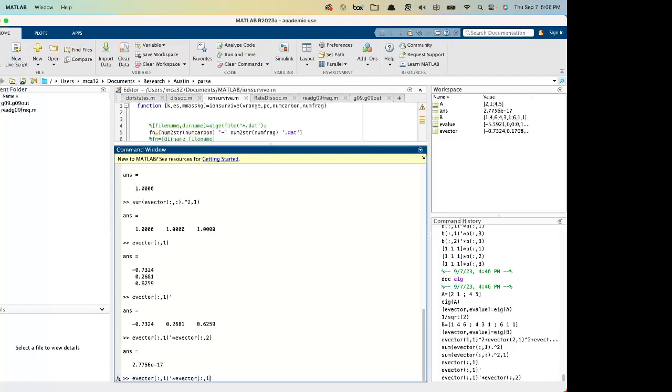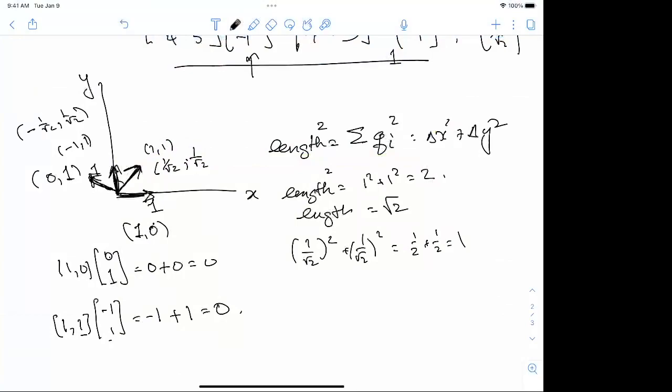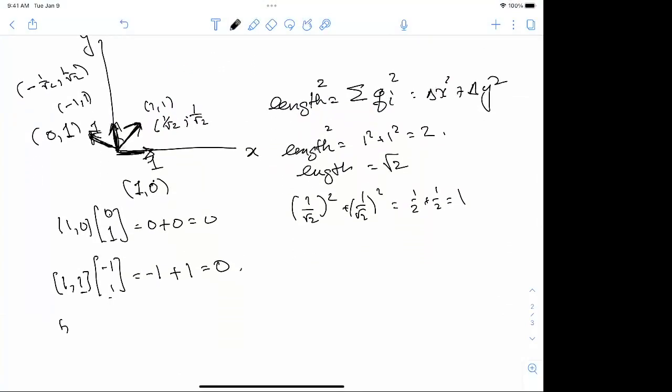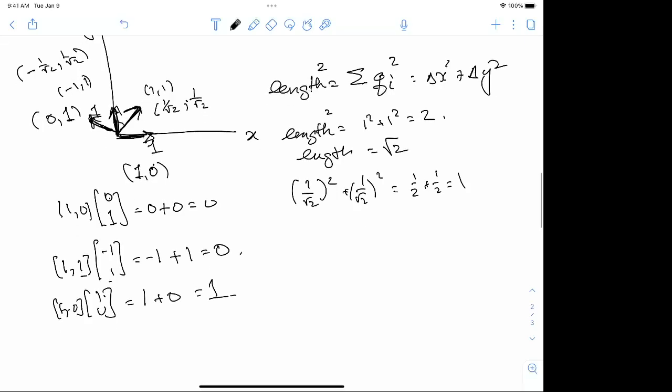Let's look at our geometric example again. What if I dot 1, 0 into 1, 0? Well, I'm going to get 1 times 1, which is 1, plus 0 times 0, which is 0, and I'm going to get 1. Note, if I take 1, 1, and dot it with 1, 1, I'm going to get 1 plus 1 equals 2.